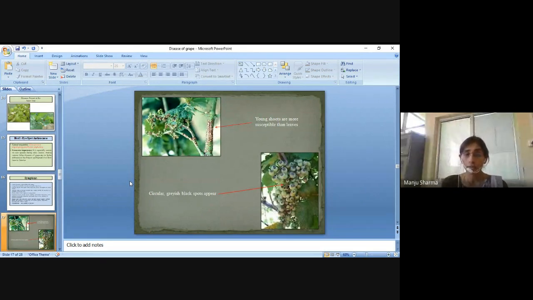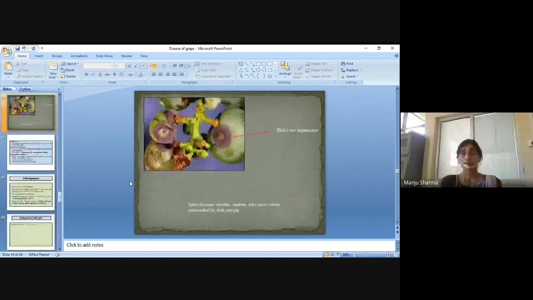And in another one, circular grayish black spots appear. These are the bird's eye appearance. Spots become circular, sunken, ashy gray in color, surrounded by a dark margin. Due to these kinds of symptoms, the name given is bird's eye symptoms.